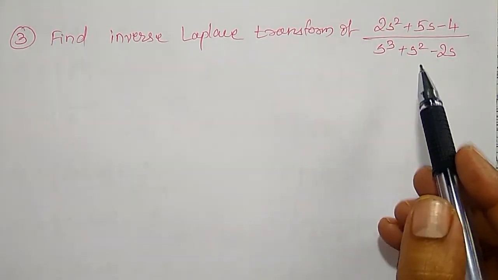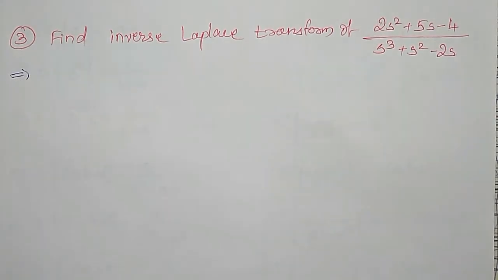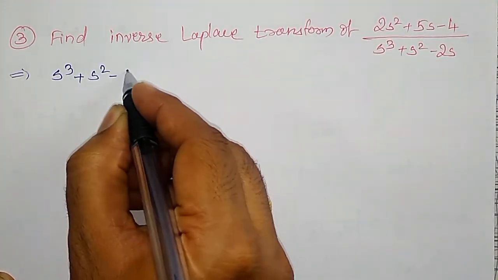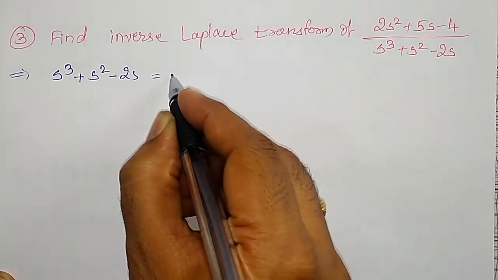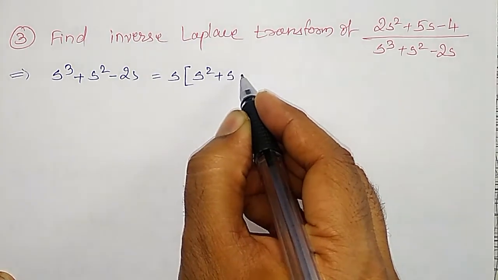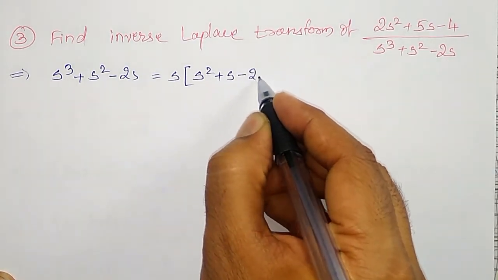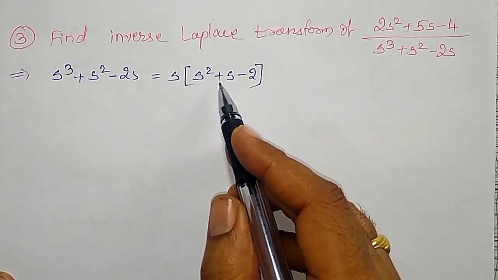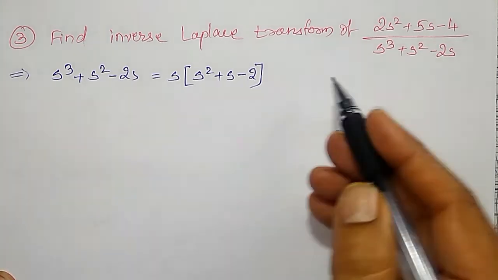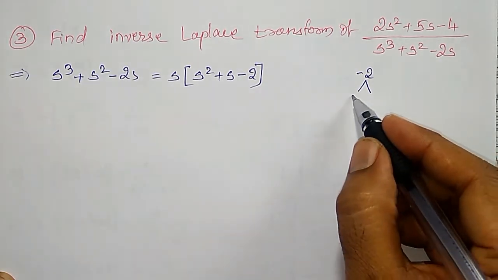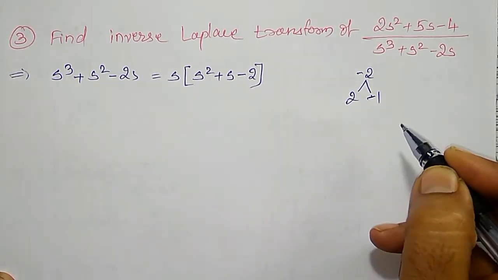Let me check whether the denominator is possible to write in factors or not. It is s cube plus s square minus 2s. I can take s common, then it will become s square plus s minus 2. Whether the product is minus 2 and the sum is plus 1 is possible. Therefore I can write it as 2 into minus 1.